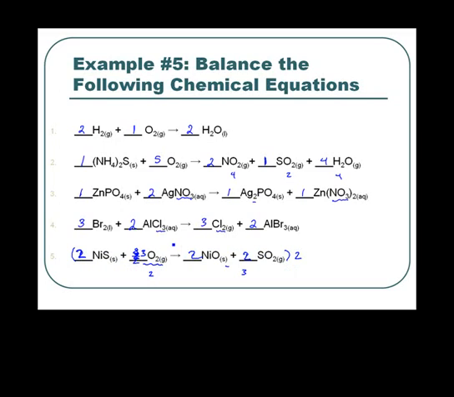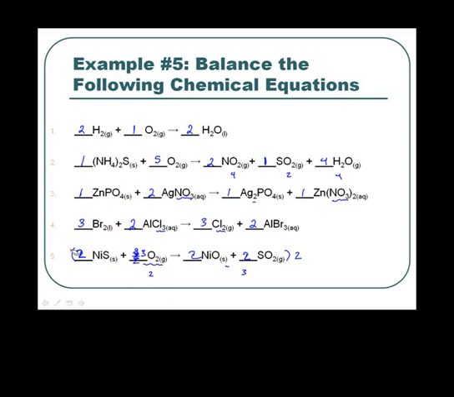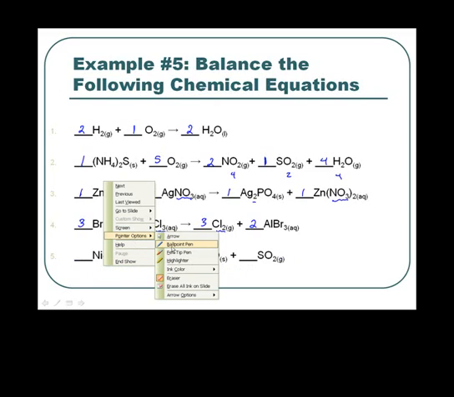And so our balanced chemical equation, I'm just going to erase all that stuff and write it out nicely once. After we double everything, we're going to end up with a 2, a 3, a 2, and a 2. There we go.